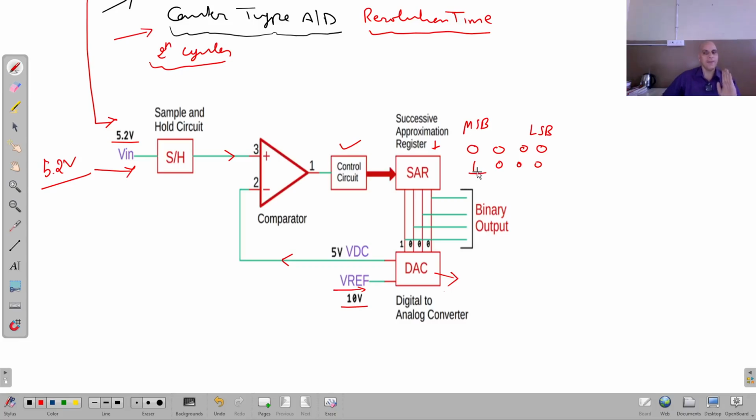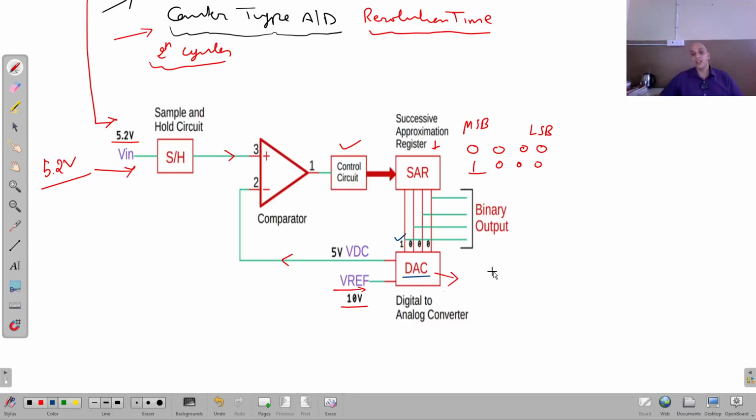First of all, the MSB will be set to 1. So the output of this SAR circuit is 1 0 0 0. Now this output is sent to the digital to analog converter.